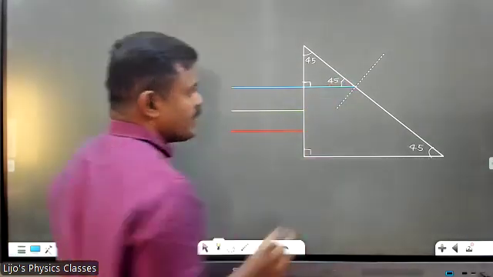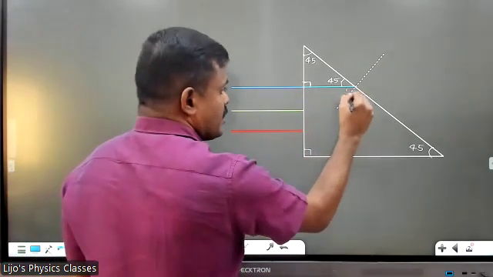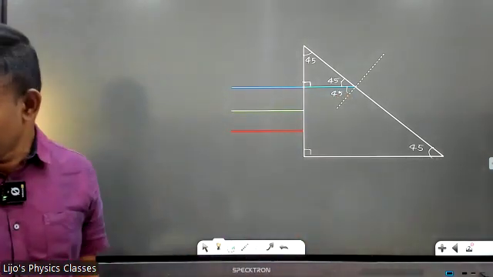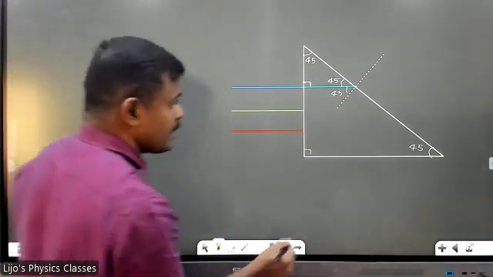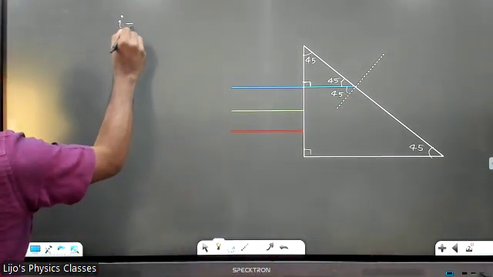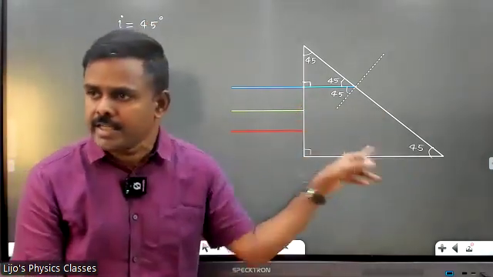This is 45. So the angle of incidence is 90 minus 45, which is 45 degrees. The same thing happens for all the colors.